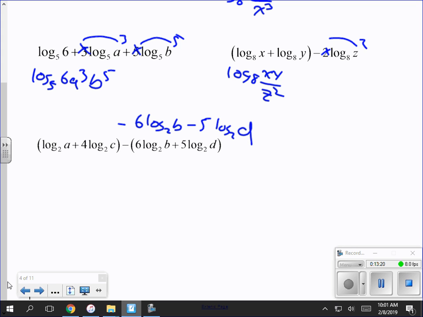Those two are equivalent. So the first one, bring the 4 up, bring the 6 up, bring the 5 up, and then this goes in my numerator, log base 2 of a c to the 4th over b to the 6th, d to the 5th.